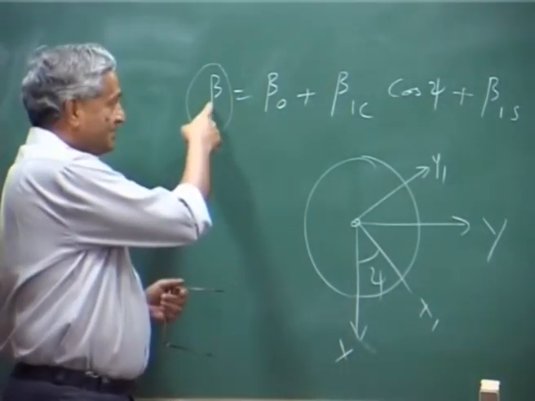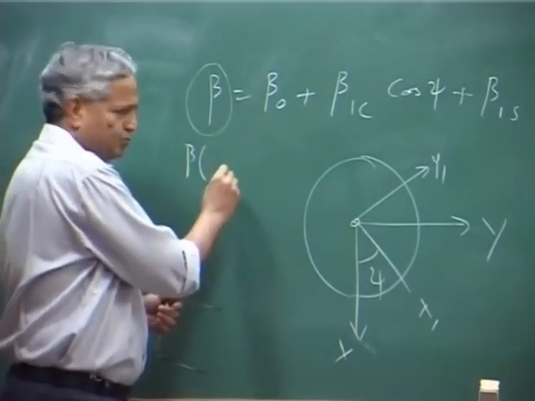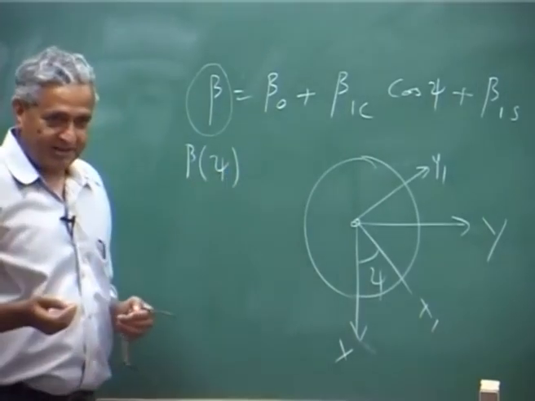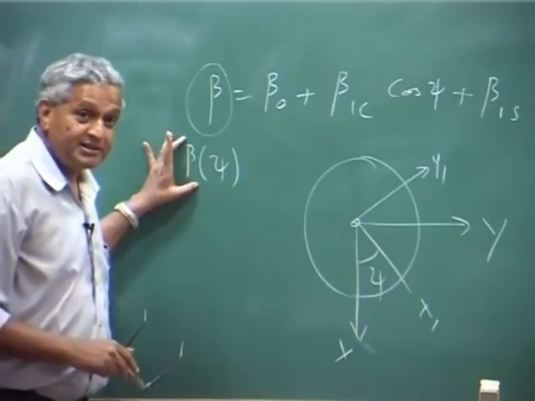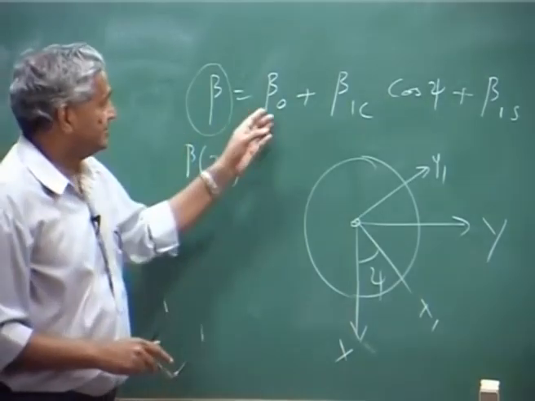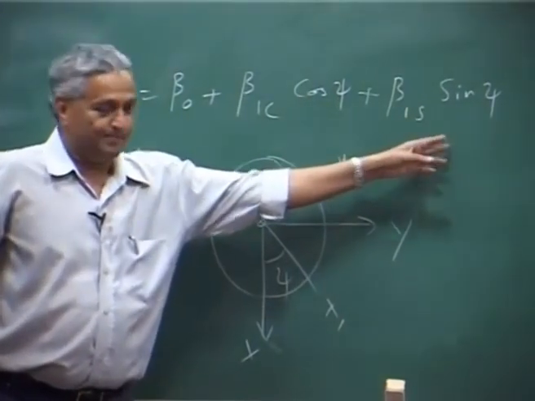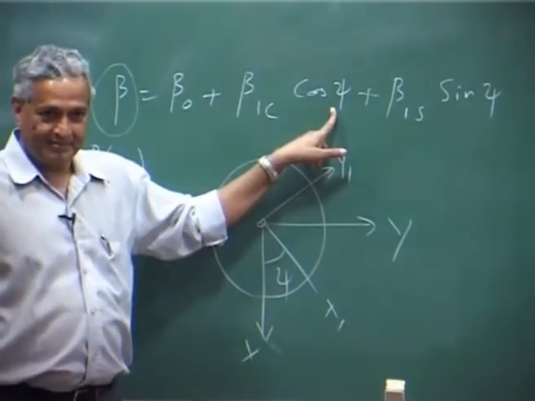But this itself is a function of time, right. Time means I can put it as non-dimensional time, you agreed. But how I am representing it is in this fashion. Okay. This psi is non-dimensional time only, you follow.